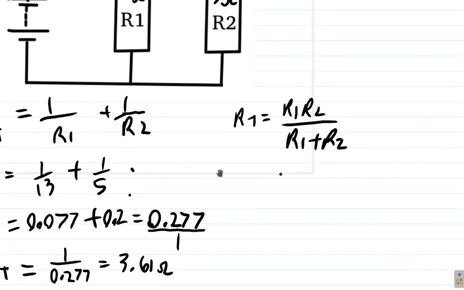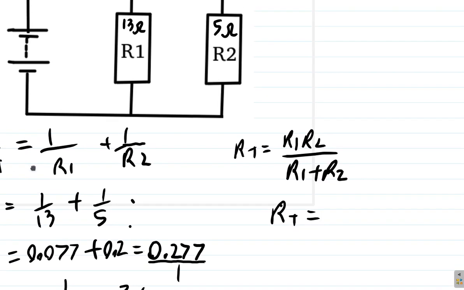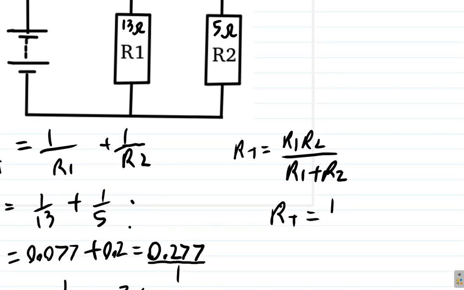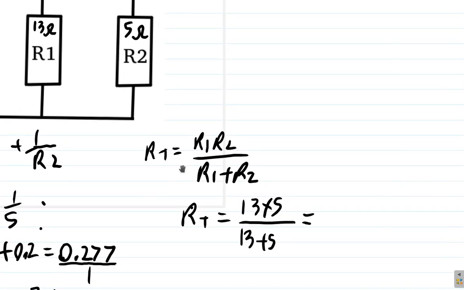Now here, let us look at using the product over sum. RT is R1 R2, and R1 R2 will be 13 by 5, divided by R1 plus R2, which will be 13 plus 5. What is that equal to? 13 by 5: 5 3s are 15, bring down the 5, carry 1, 5 1s are 5 and 1 is 6.